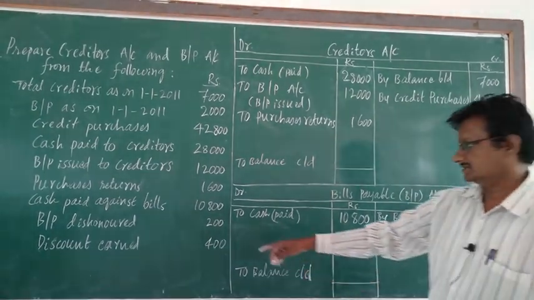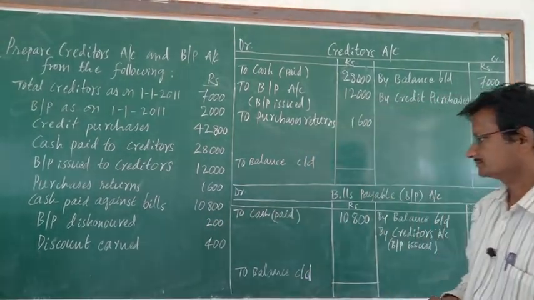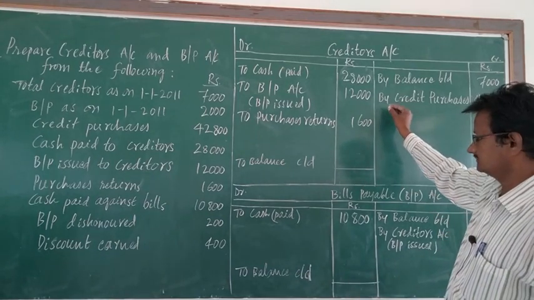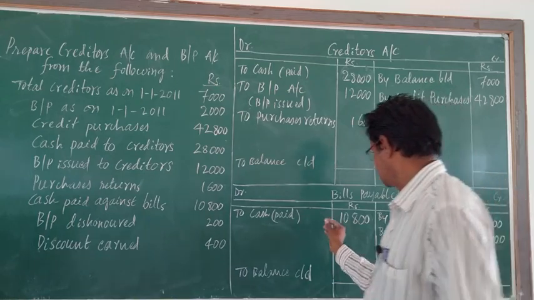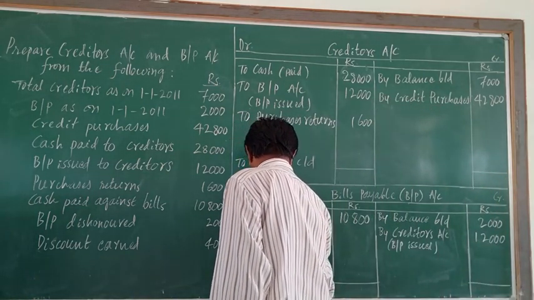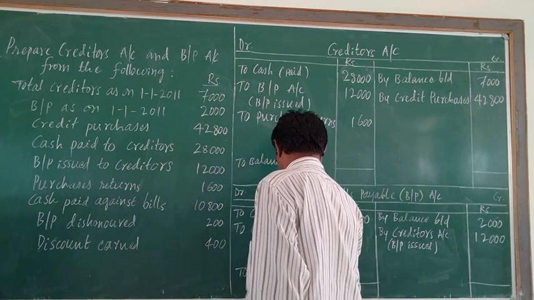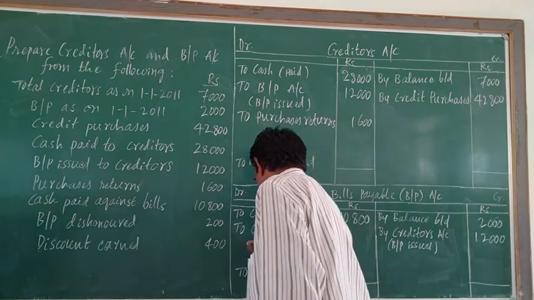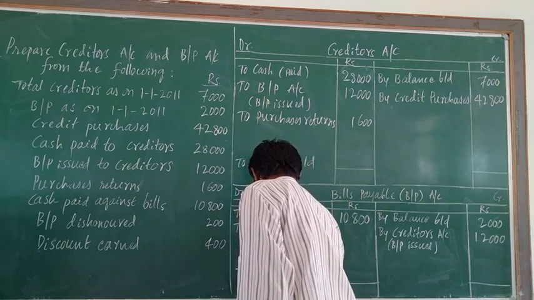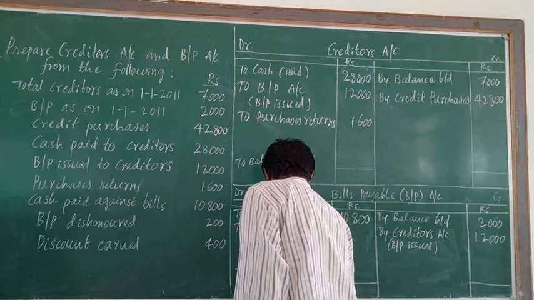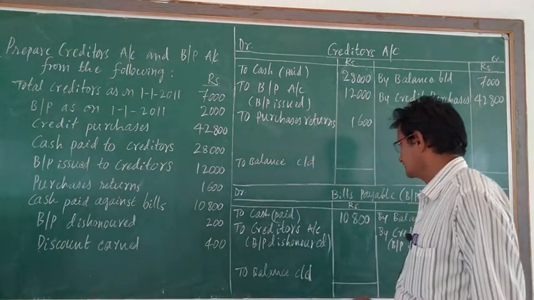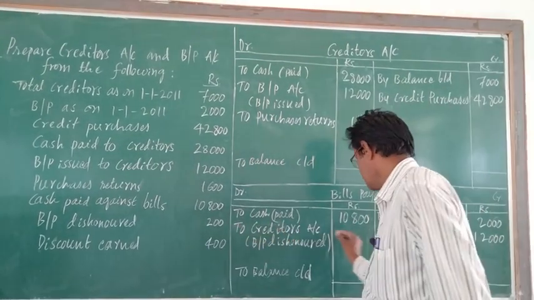Next item is bills payable dishonored. We have to make entry on the bills payable account as to creditors account. In the bracket we may write as bills payable dishonored. Bills payable dishonored, here it is 200.